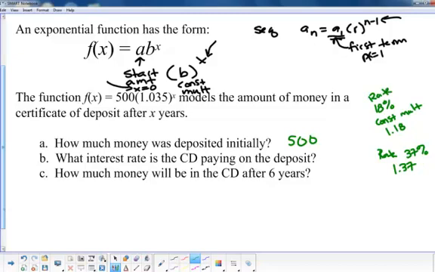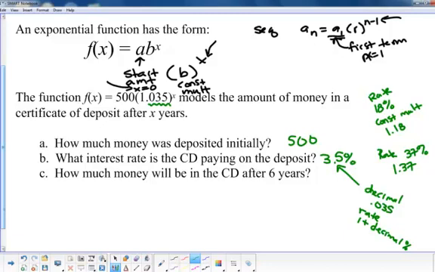So if you look at this part of it, our interest rate is 3.5%. That's how you get the constant multiple being 1.035, because that as a decimal is 0.035. And then to find the rate, you have to add 1 to the decimal, because 1 keeps everything the same, automatically adds it in, and then you'll increase.